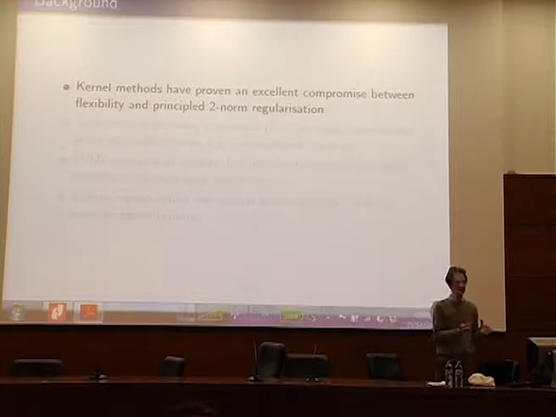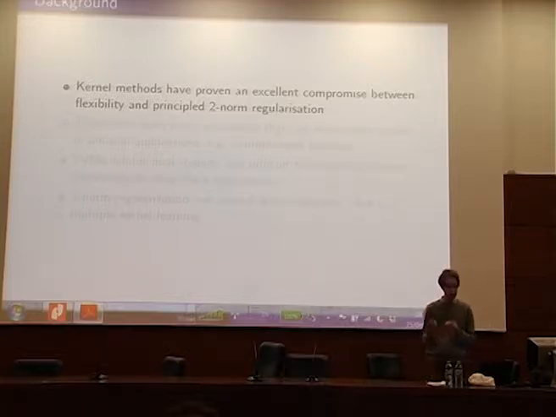If you've got less data, the way in which kernel methods handle the regularization may actually be preferable. So there's a trade-off here between the amount of data you have, the flexibility of the model that you want to use, and the fit of the model to the particular type of data.